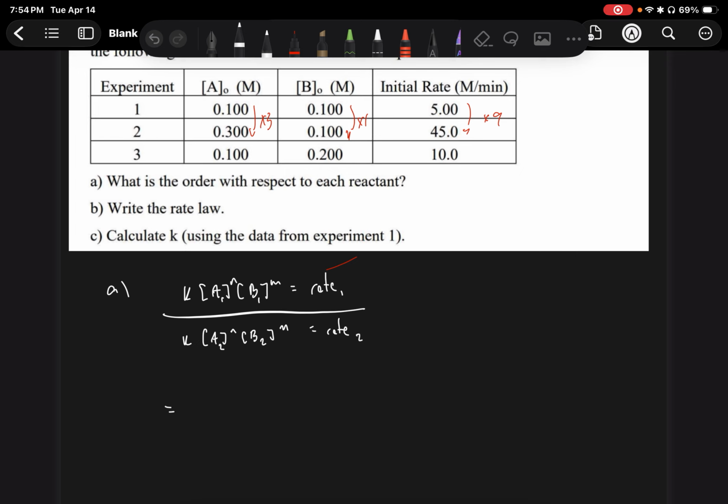So now, okay, so K. Because B is constant in this one, these two will cancel out. We'll be left with 5 over 45, and then 1 over 3.